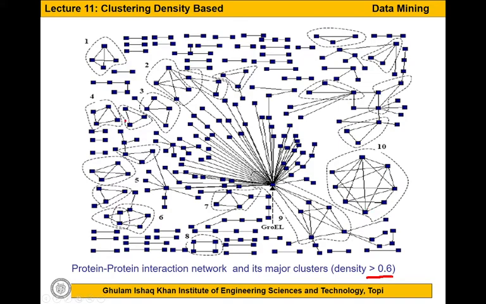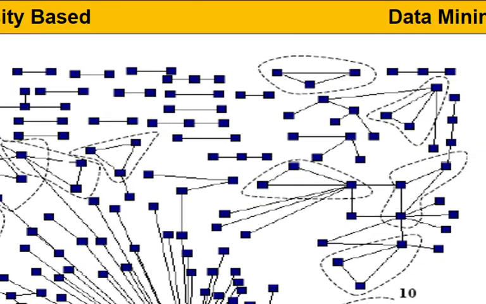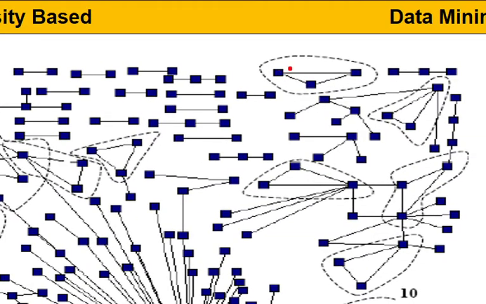Now if you see this cluster number 1, this is a densely connected cluster, but its density is not 100%, but of course its density is greater than 0.6 or 60%. Now if you see this cluster or group, it is 100% connected, so its density is 100%, or you can say its density is 1, right.